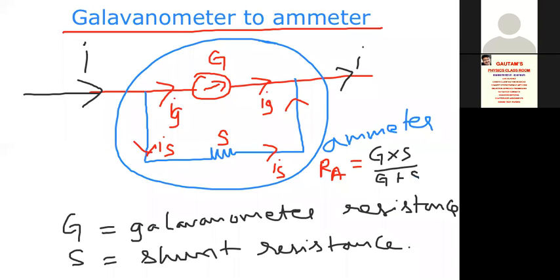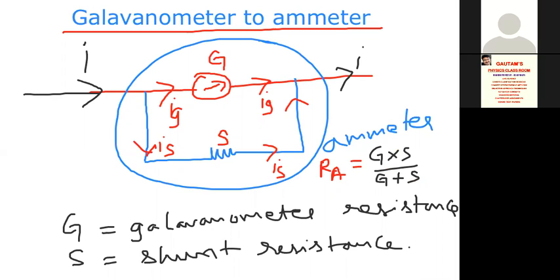In the current electricity chapter, we learned how to calculate the parallel combination of resistances. R effective equals R1 R2 by R1 plus R2. So G into S by G plus S. This is the ammeter resistance.